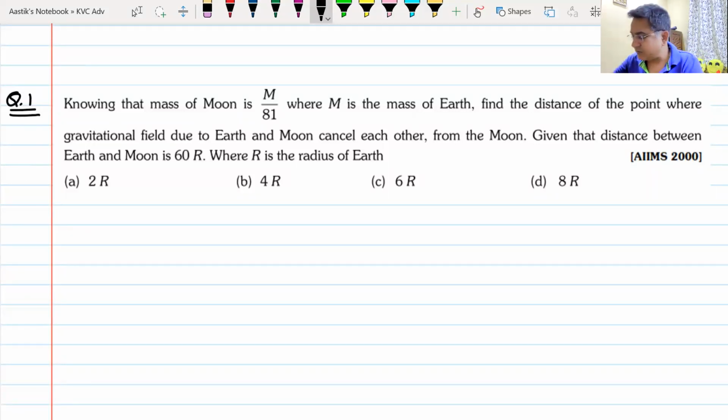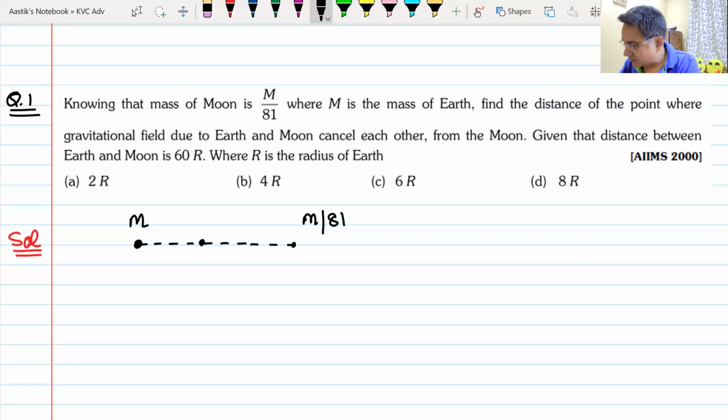So, how to do this? Anyone, any idea? This is Earth, mass m. This is Moon, mass m by 81. Find the distance of the point where the gravitational field due to Earth and Moon cancel out each other. This is the point.